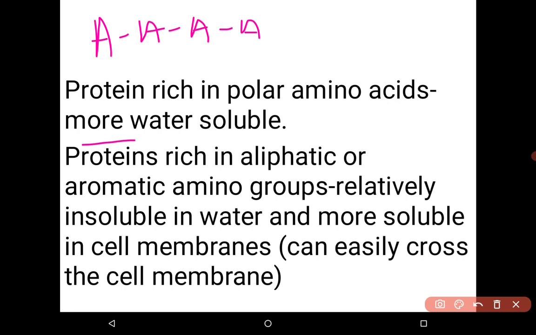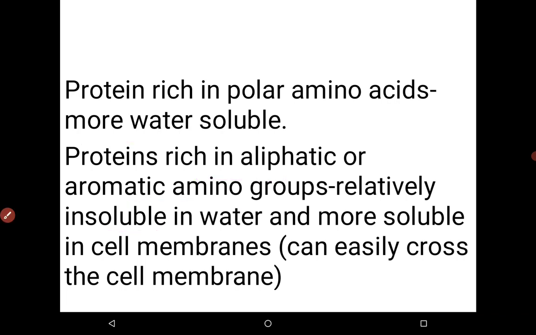So depending on the properties of those amino acids, they will determine the physical and chemical properties of the larger substance, the protein itself. Proteins that are rich in aliphatic or aromatic amino groups are usually insoluble. So it all comes from the type of amino acids inside the protein.